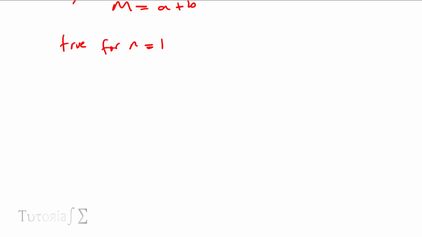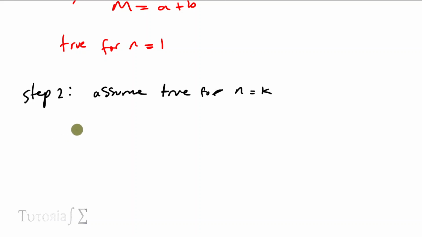All right, so now we go to step 2, the assumption step. So assume true for n equals k. So remember, we have a to the power 2n minus b to the power 2n is equal to some m value that is a factor of that.